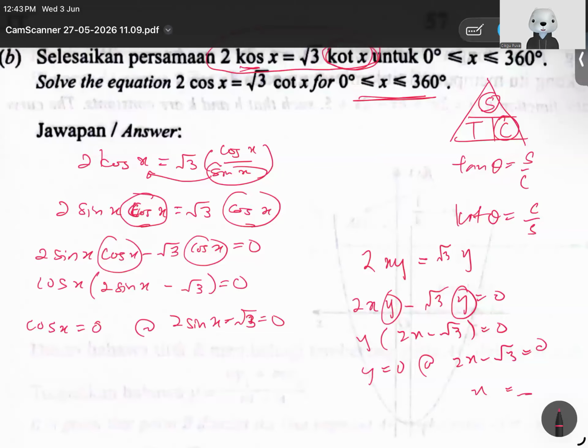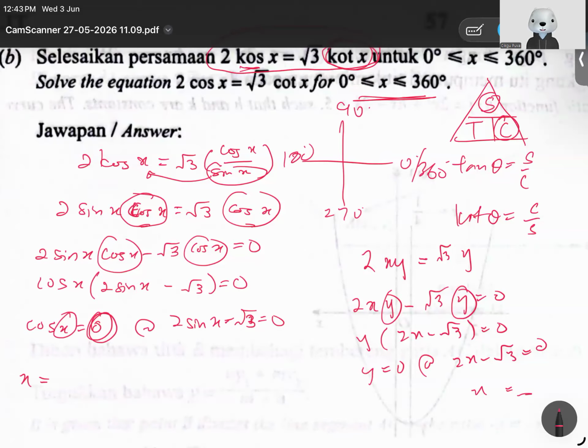So of course, x equals, you can do trial and error, because when the value is 0 or 1, it must be 0, 90, 180, 270 or 360. You can simply try using your calculator. You substitute x as 0 degrees, are you getting cos x as 0 or not?